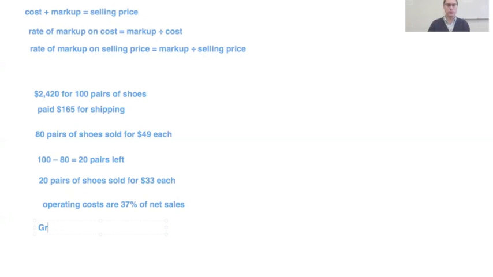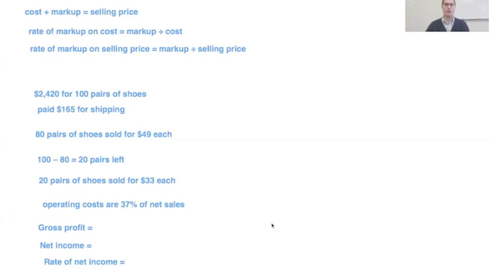It tells us to find the net income. And it tells us to find the rate of net income.